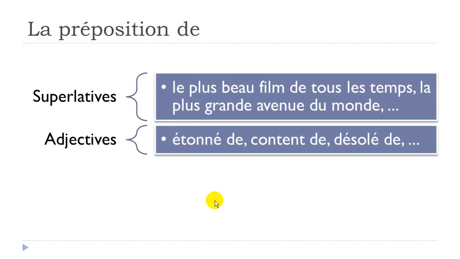And so keep in mind that some adjectives will require this préposition de, as we had previously. Some adjectives will require the préposition à, and it will be exactly the same with de. So for instance, étonné, astonished, then we put de. Content, happy, de. Désolé, sorry, de. So as I said, and it will come after that for the verbs, try to remember them when you encounter them or when you read them.